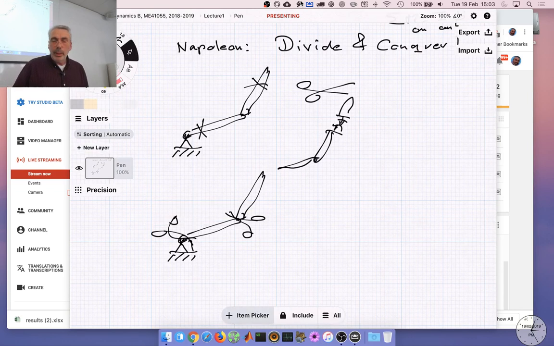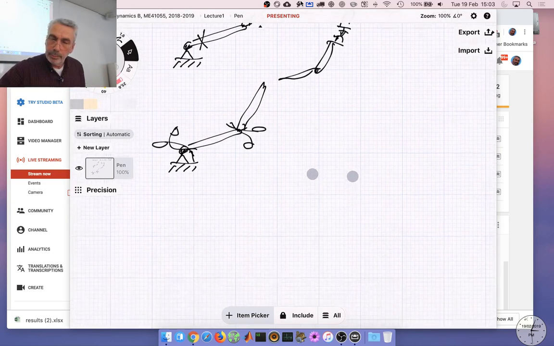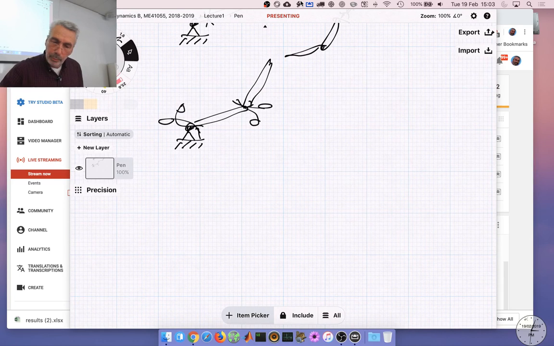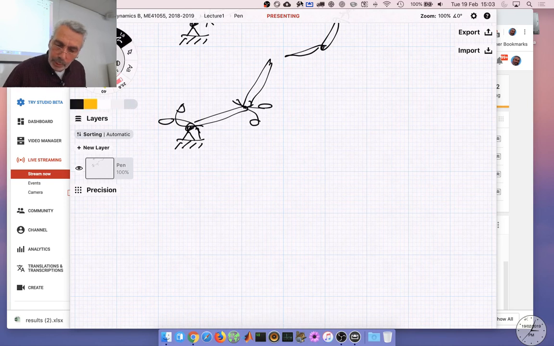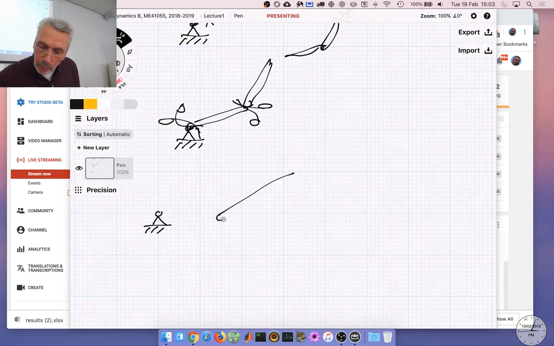If we cut there, then we end up with two separate bodies and a support. We make two cuts and then we get three parts. The first part is this support. The second part, in a sort of exploded view, is this first body, and the third part is this one.